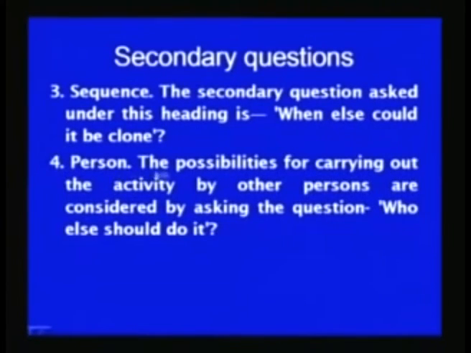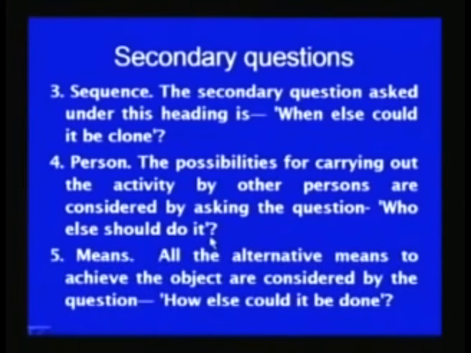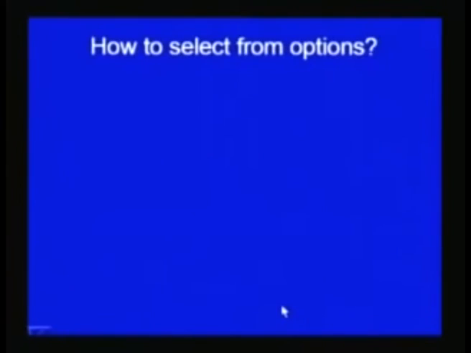Regarding the person, the possibility of carrying out the activity by another person is considered by asking who else should do it. And regarding the means, all the alternative means to achieve the object are considered by the question how else could it be done.